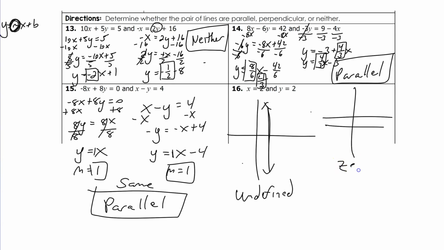The slope is 0. Well, the slopes of undefined and 0, they are always perpendicular. If you put them on the graph together, you see how they're going to form that right angle and make it perpendicular? Those are opposite slopes.